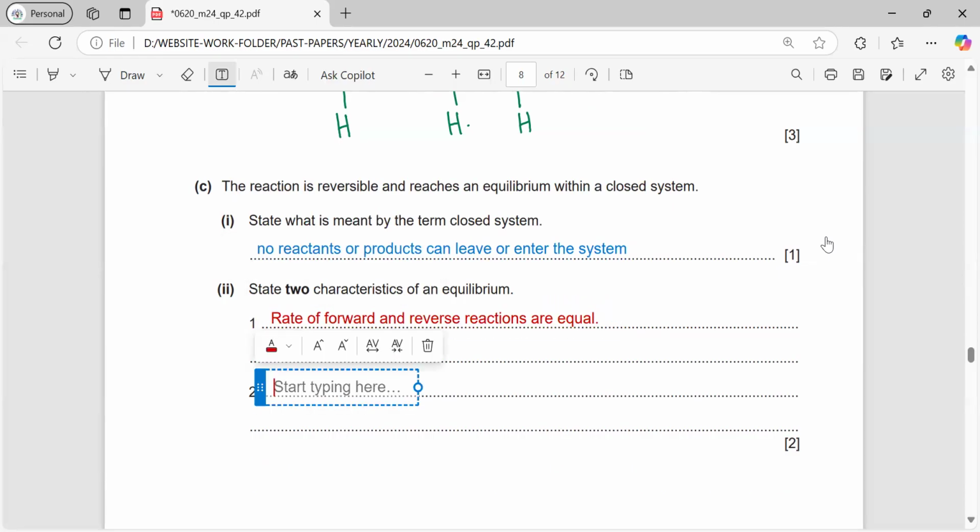The second is that the concentration of reactants and products is constant. So these are the 2 features of an equilibrium.